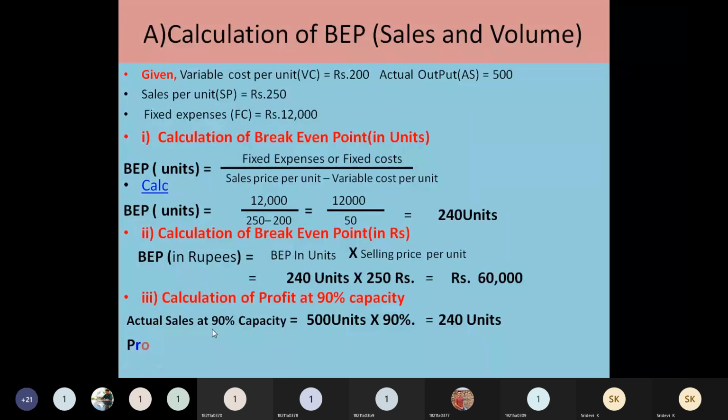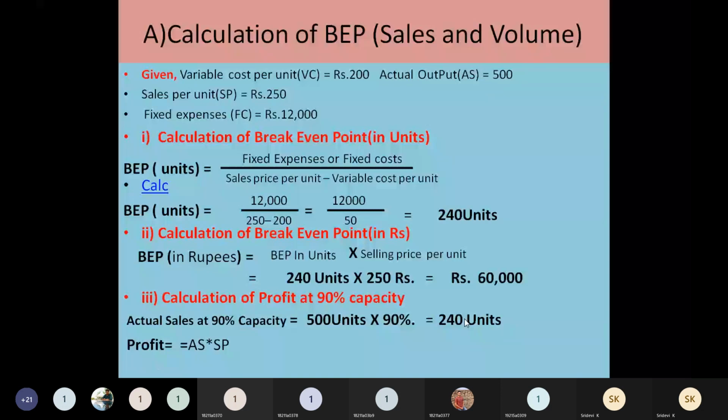So profit is equal to, you know the formula, no? As we have seen in the fourth problem. Here the total selling price is not given directly, so you need to calculate it. You multiply the actual sales at 90% capacity into the selling price per unit.